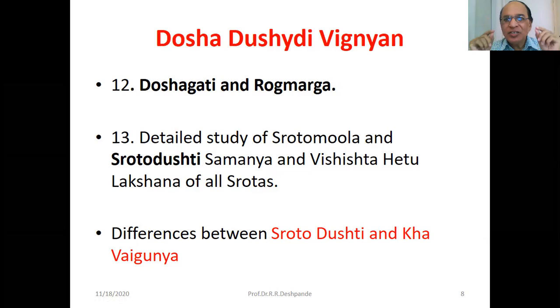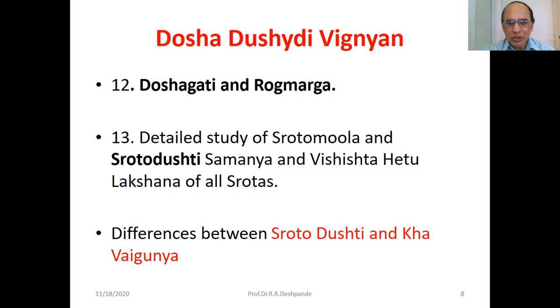Srotas means channel. Prana, Anna and Udakavaha Srotas. Seven Srotas of Dhatus: Rasa, Rakta, Mamsa, Meda, Asthi, Majja, Shukra. Rasavaha, Raktavaha, Mamsavaha Srotas, and three Malas: Mutravaha, Purishavaha, Svedavaha Srotas.